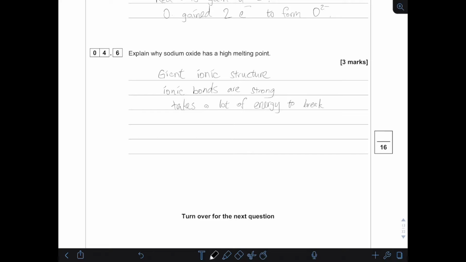So that's essentially the 3 marks. You need to note that it is giant ionic, and then say why the ionic bonds are strong, and therefore it's got a high melting point because the bonds need to break, right? So these are the 3 marks.